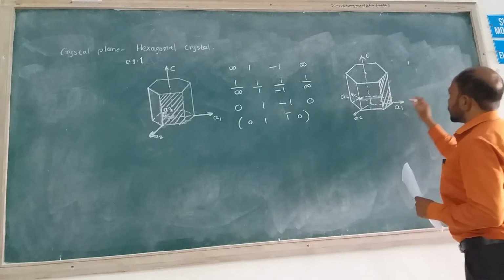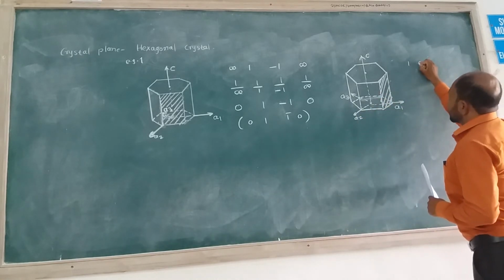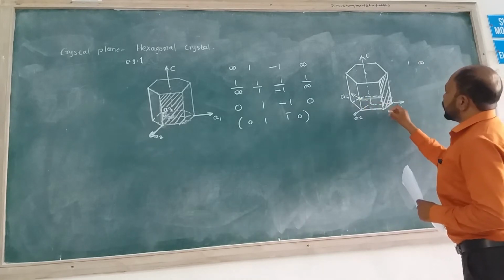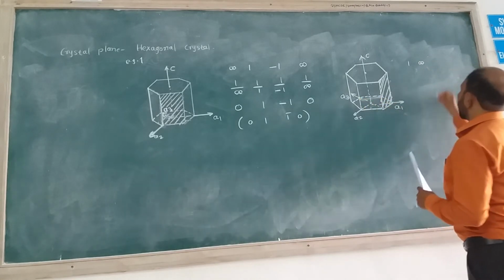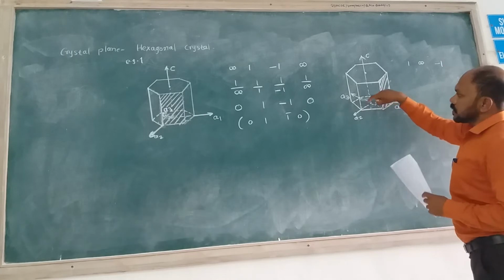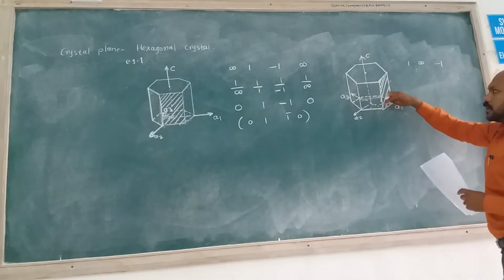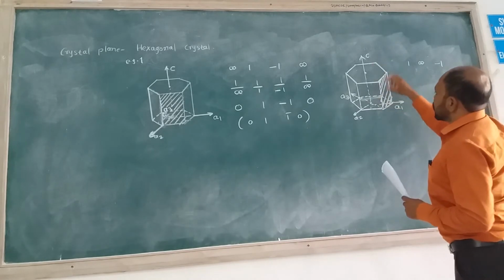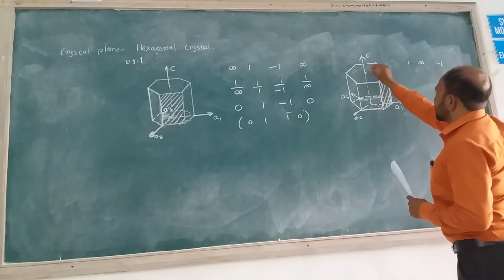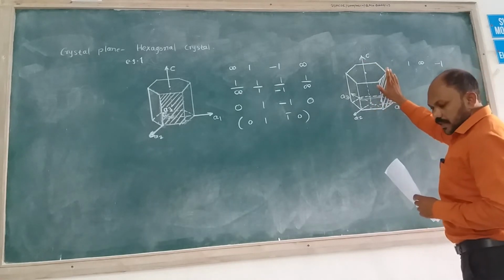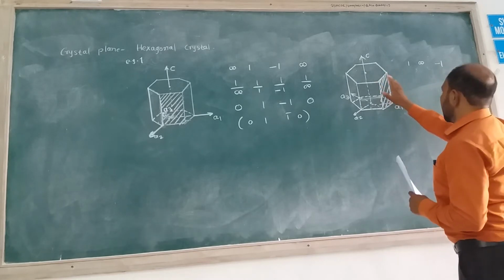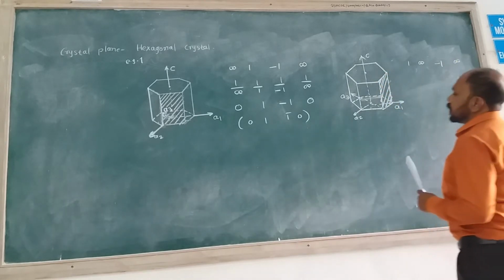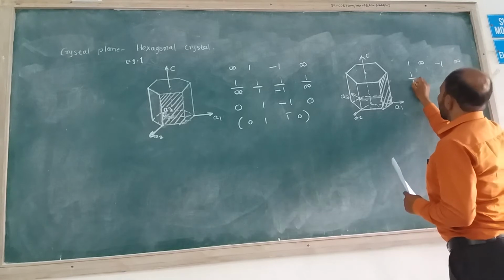A2 is parallel to this plane, so this is infinity. For A3, if we extend, the negative direction is there, and this is the positive direction. So here the negative direction is available, -1. Then the C direction becomes parallel to this shaded plane, so again infinity.